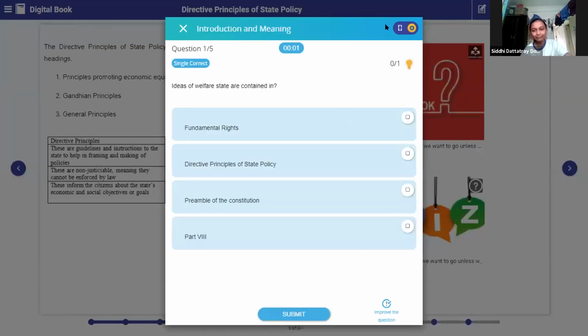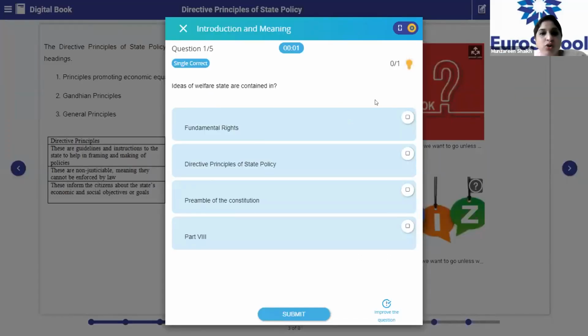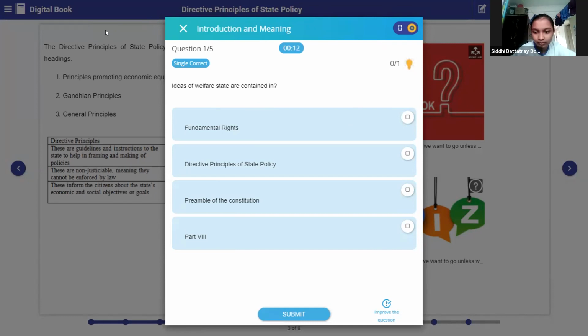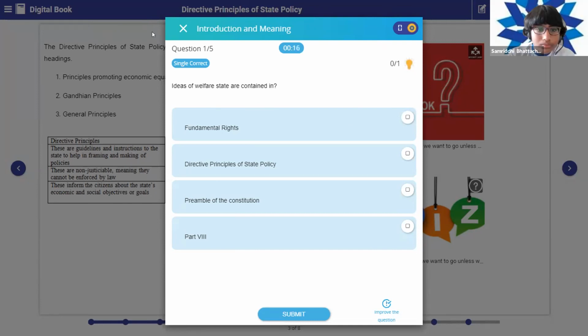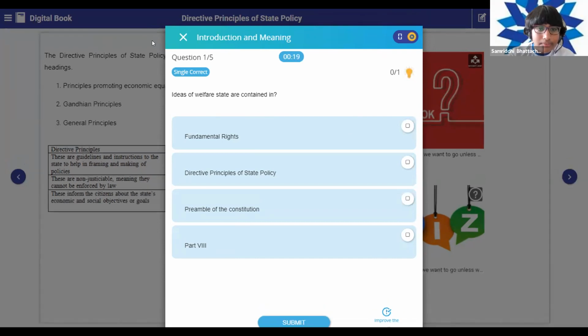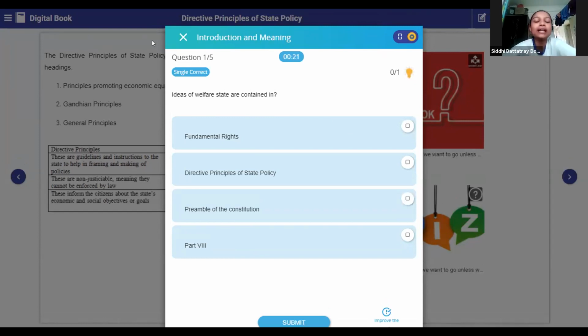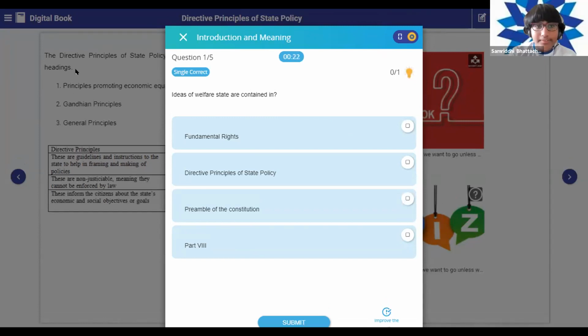Ideas of welfare state are contained in dash. Welfare state ideas are contained in where? Directive principles of state policy. Very good.